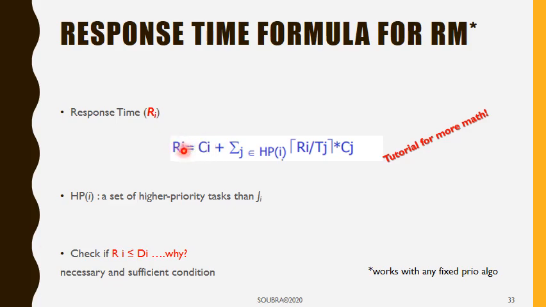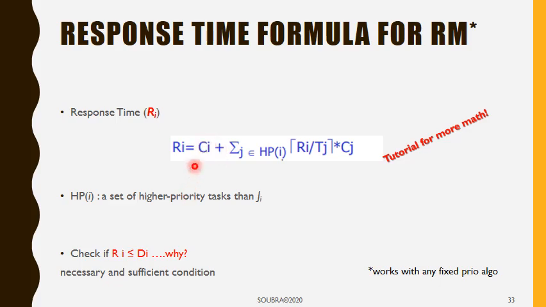So task number 1, for instance, will have its computational time plus whatever delays or interference that is induced by higher priority tasks. So if I am the highest priority task, my response time will always be just my computational time. It makes sense, and this is what we've seen in J1 earlier, right?